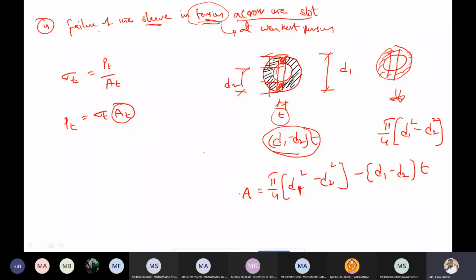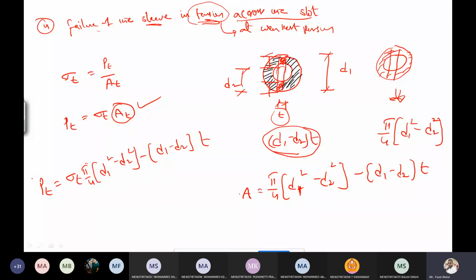That area you have to write here. Now the equation may be changed as PT equals sigma T into pi by 4 into d1 square minus d2 square, minus d1 minus d2 into t.